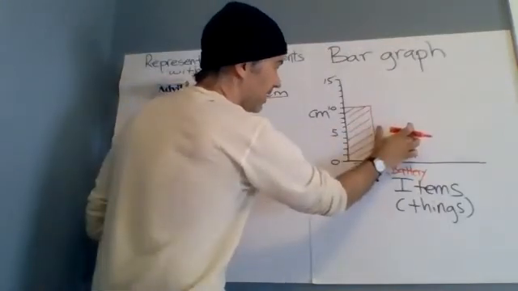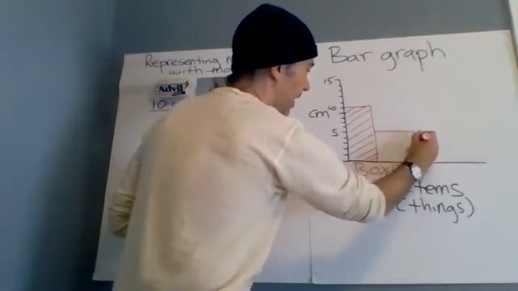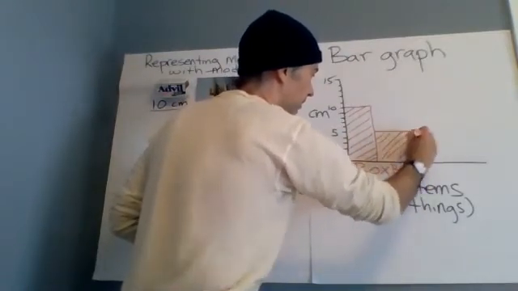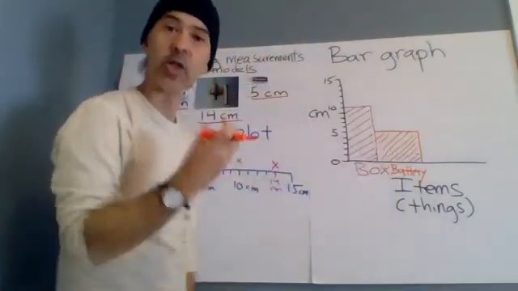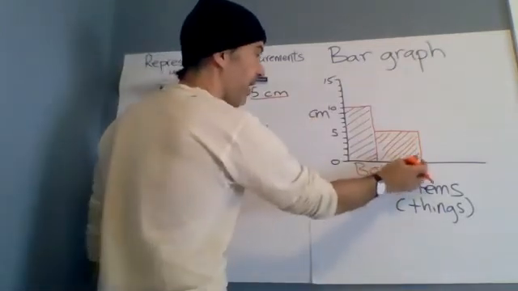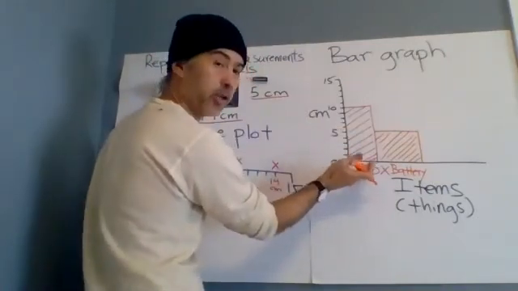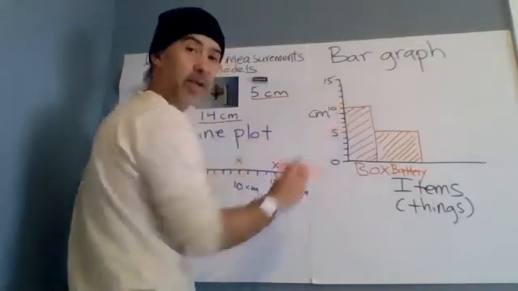Now my battery is here, so I'm going to take the 5 centimeters, and that's my battery, like this. There's the bar showing the length of my battery. The length of my battery is 5 centimeters. The bar for the box shows that the length of my box is 10 centimeters.